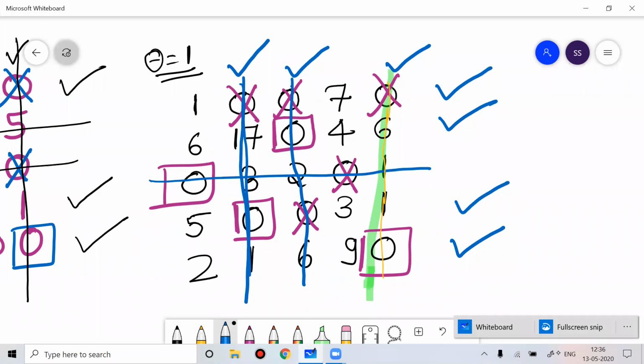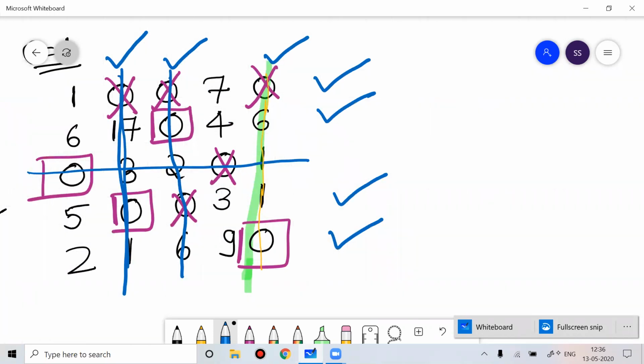Okay. Now if you notice this matrix, the smallest element is 1. So the smallest element is 1.